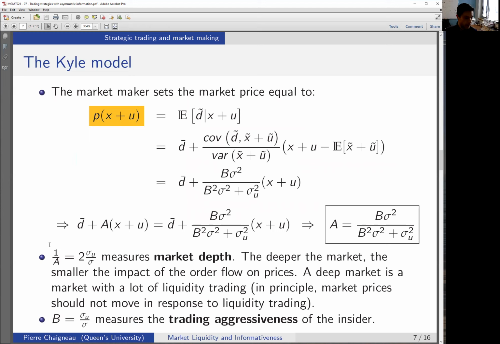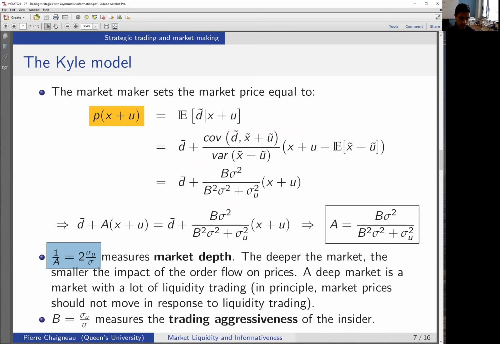Okay, so let's start with the first one, A. Here I rewrote it as 1 over A, because 1 over A is a measure of market depth. Market depth is an important measure of market liquidity.